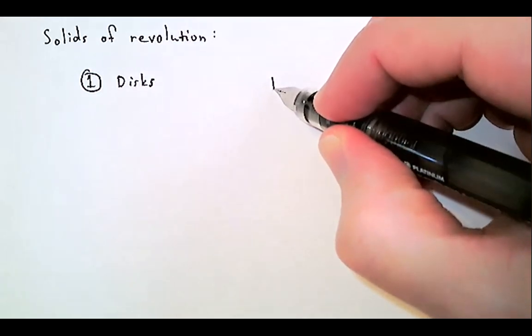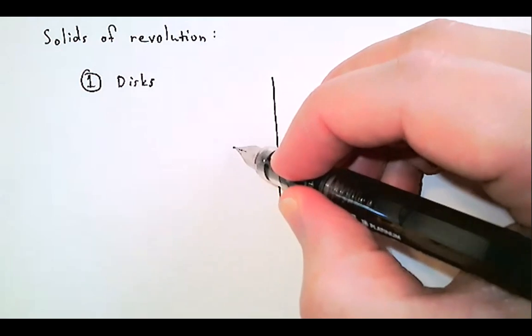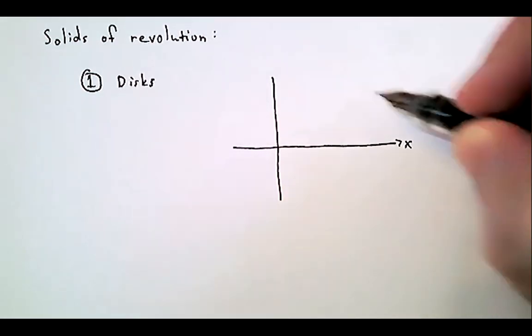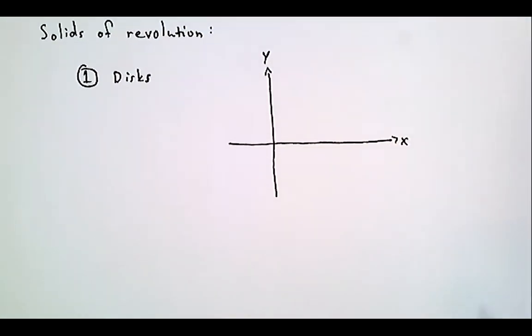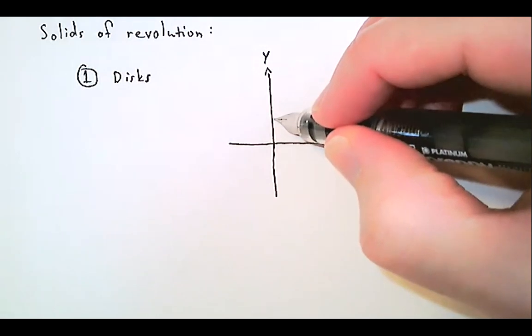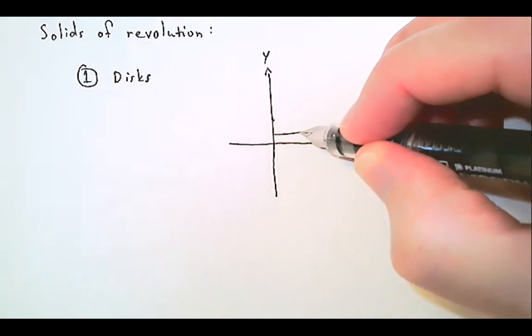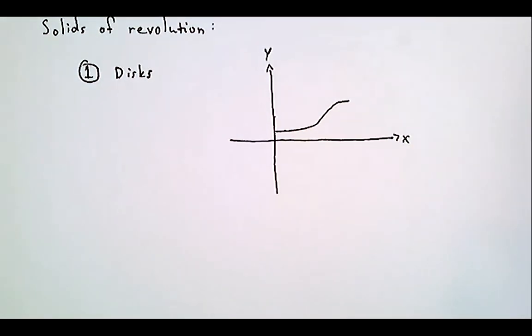The idea for a solid of revolution is that you take some sort of 2-dimensional shape. So we can draw a little plane here. And the shape that I want to start with is, I guess you can think about it maybe as a trumpet shape, like the bell of a trumpet. So it's just a simple little curve.